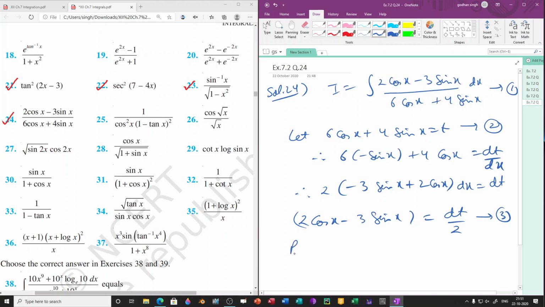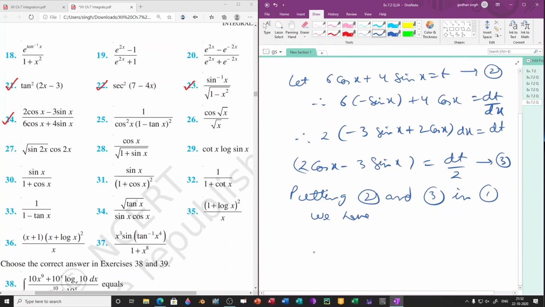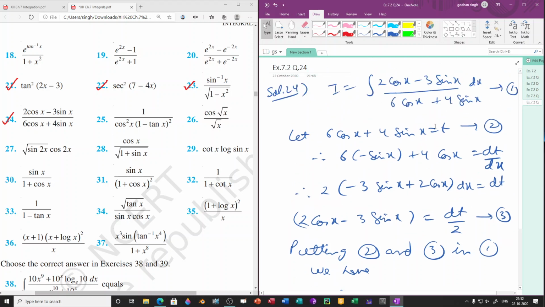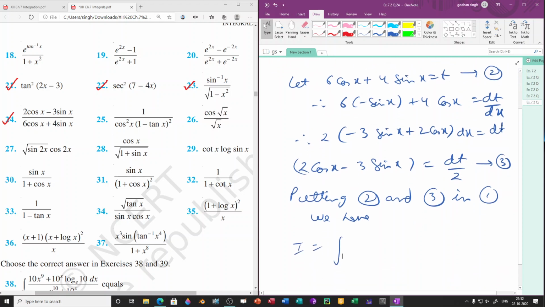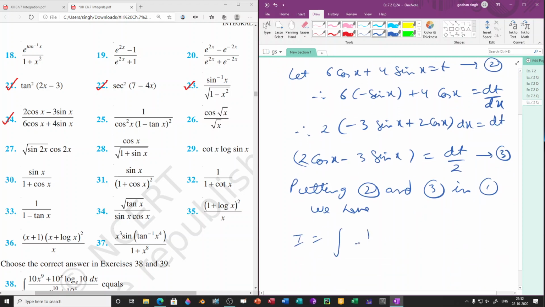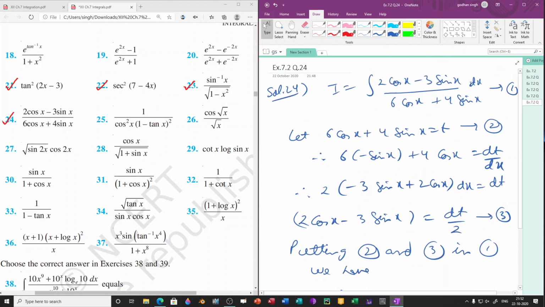So putting 2 and 3 in 1, let us see what we are getting. I equal to, 6 cos x plus 4 sin x, that we have taken as t, so the denominator will be replaced, and we can write 1 over t, and (2 cos x minus 3 sin x) dx.